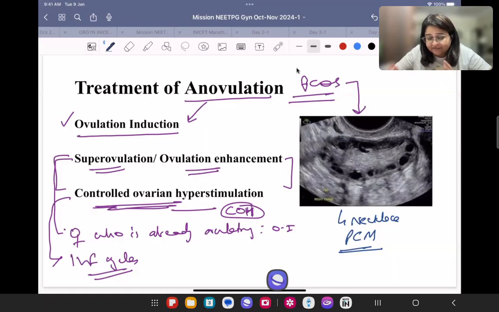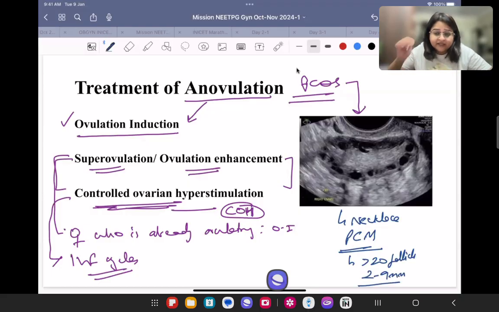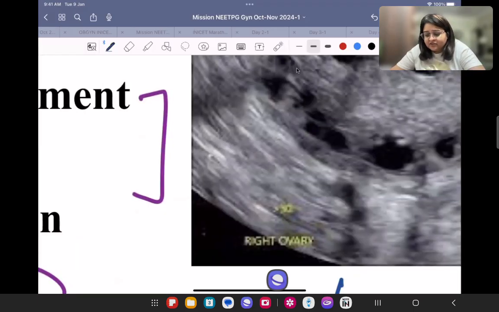Now, the exact definition of polycystic morphology is if you have more than 20 follicles in one or both ovaries. It is not necessary for both the ovaries. More than 20 follicles of the size 2 to 9 millimeters is the new definition of a polycystic ovary. The old definition was more than I think 12 follicles. Now it is more than 20 follicles in either one or both ovaries. So these are the small follicles.